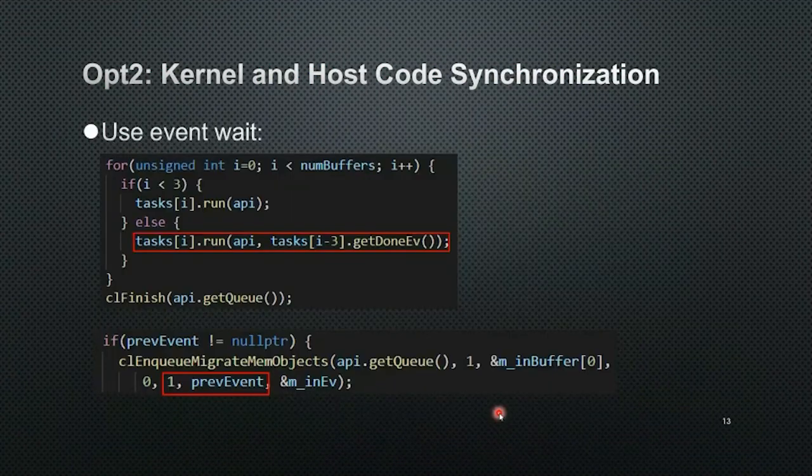The task will wait for task I minus 3. So that means, suppose you have 3 buffers, after 3 tasks, you can free up 1 buffer, and then you can have the fourth task proceed.